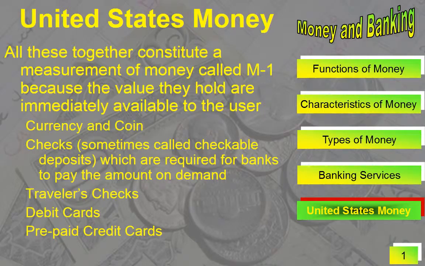Also, there are what's called prepaid credit cards. This is essentially money that can be paid. You pay into a credit card, MasterCard, Visa type thing. A lot of times people use these cards because they don't have credit in order to have a real credit card.